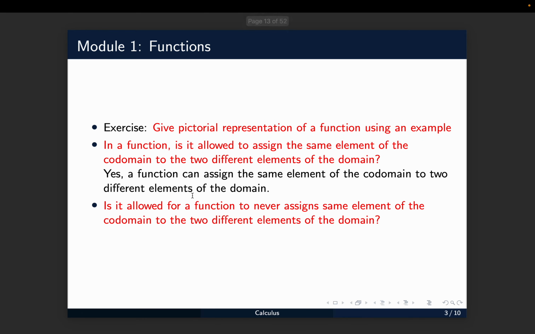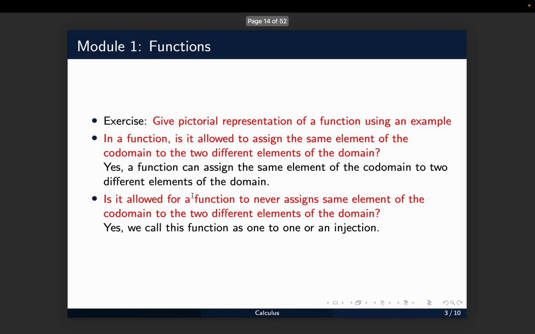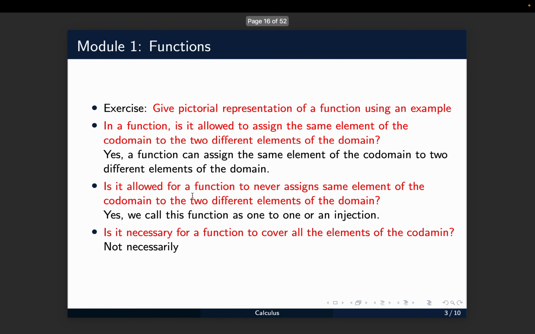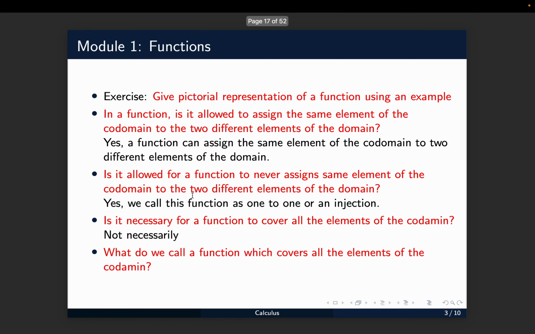So the next question, is it allowed for a function to never assign the same element of the codomain to two different elements of the domain? Yes. We call this function one-to-one or an injection. So is it necessary for a function to cover all the elements of the codomain? Not necessarily. Okay. So what do we call a function which covers all the elements of the codomain?